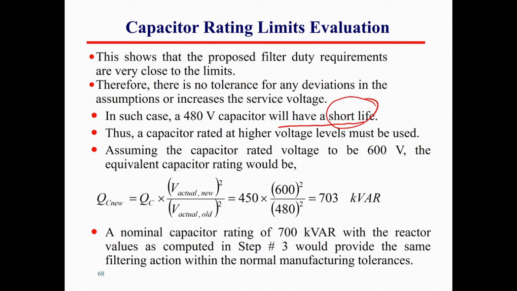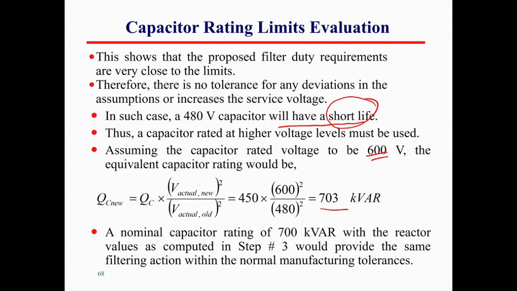However, let us assume that the capacitor that we choose will be working at 600 volt. Then in that case, what will be the new reactive power that will be provided by the capacitor bank? It will be 703 kilovar.